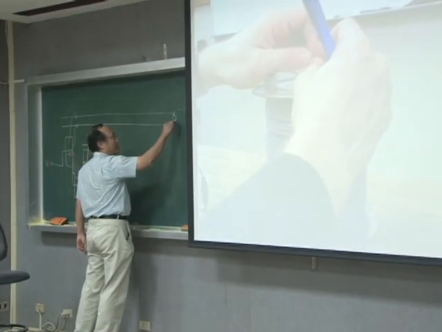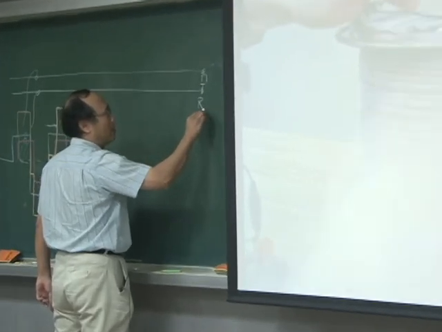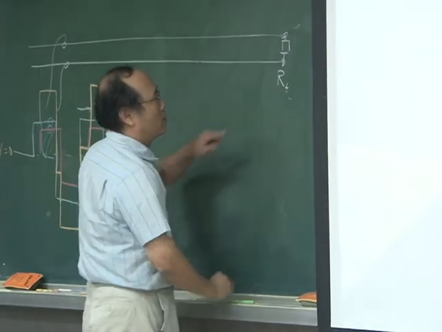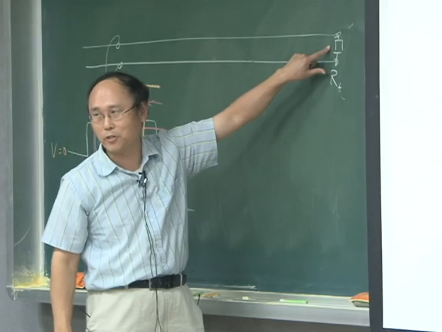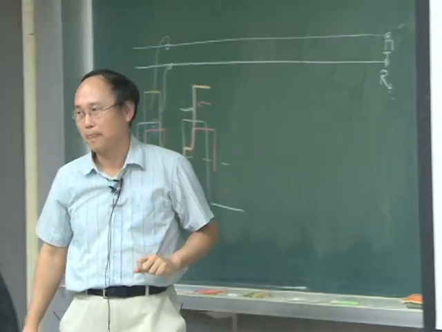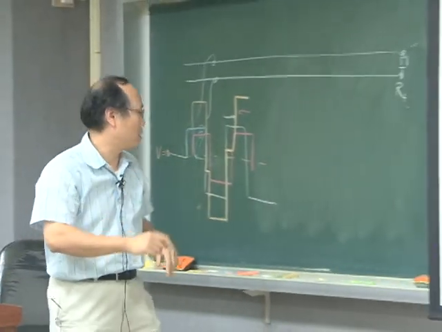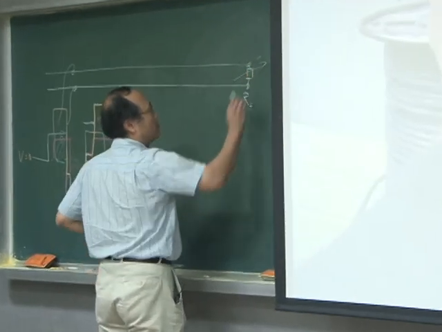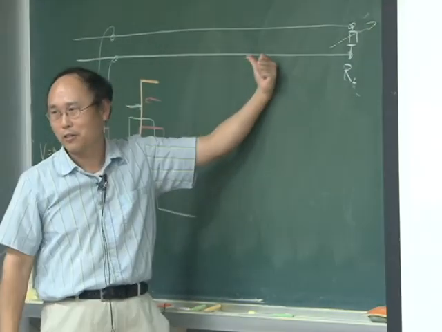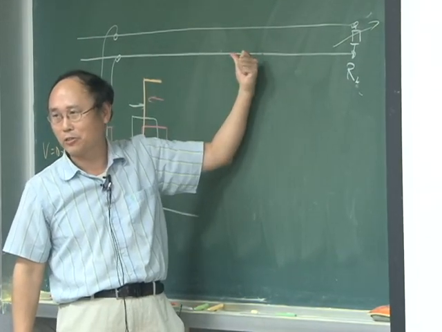So just connect it. 在这里 right here, he added a RL, a low resistance to this transmission line. So you can sort of tune the reflection, the amplitude of the reflected signal.